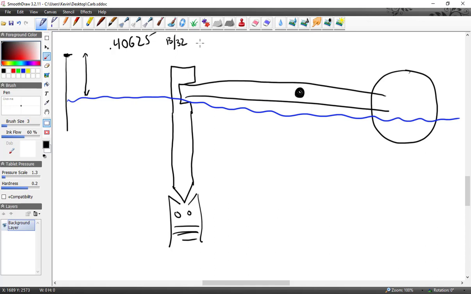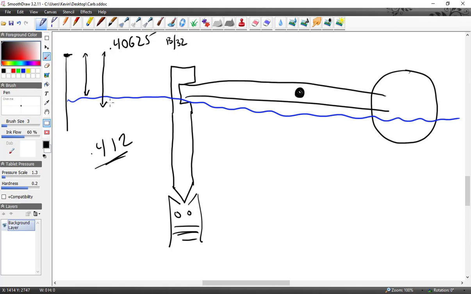That's what it should be. But I measure it and I end up getting 0.412. Is my float level too high or too low? I got a bigger number, so 0.412 means it's too low. So I need to raise it.